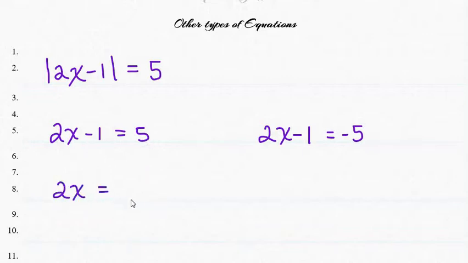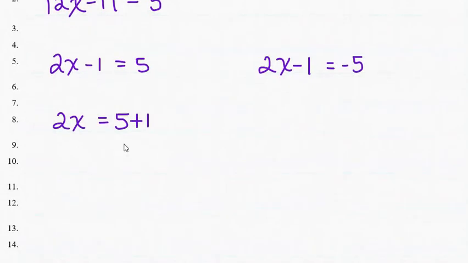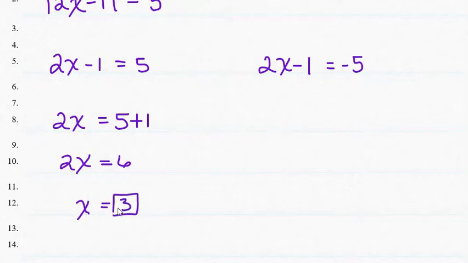At this point, add 1 to both sides. So we have 2x is equal to 6. Multiply both sides by 1/2. And therefore we have x is equal to 3. So that should be one of your solutions. Now let's come over here and look at this equation. So we have 2x is equal to, add 1 to both sides.